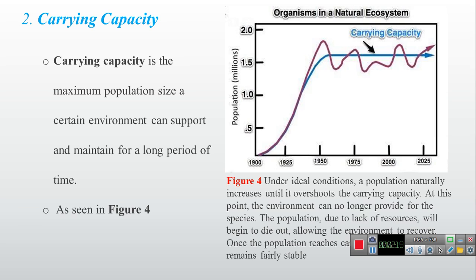Under ideal conditions, they will grow and increase more and more until they overshoot the carrying capacity. But some day the environment can no longer provide the resources for this species, so the population, due to lack of resources, will begin to die out.